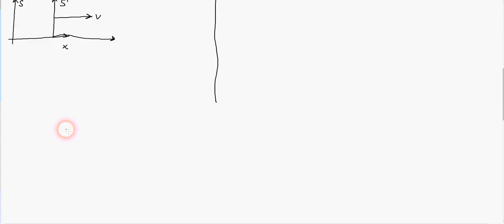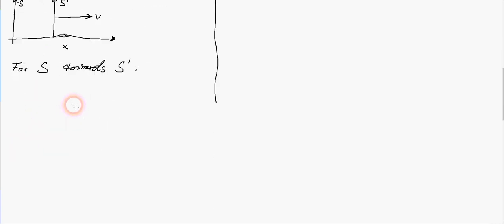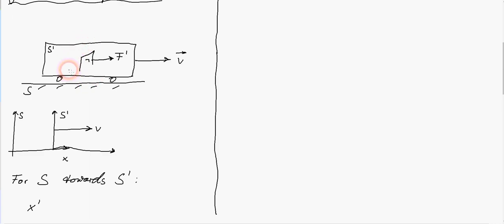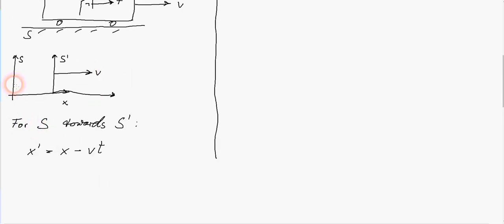So the transformation of the coordinates for an inertial experimentator in S, for S towards S prime: as the experimentator in S has only access to his measurements, which are the unprimed coordinates, he can calculate the primed x coordinate of, let's say, a point fixed to this train, if he uses his measured x value of this point and subtracts from this the traveled distance v times t. This is the measured x distance of the experimentator in S.